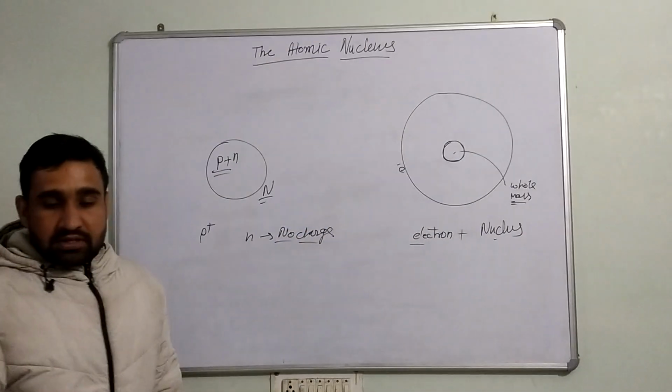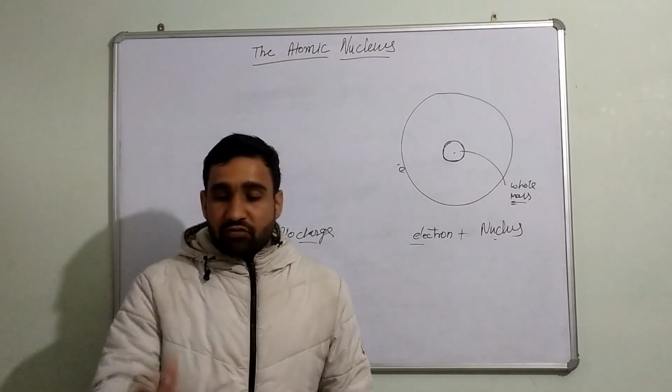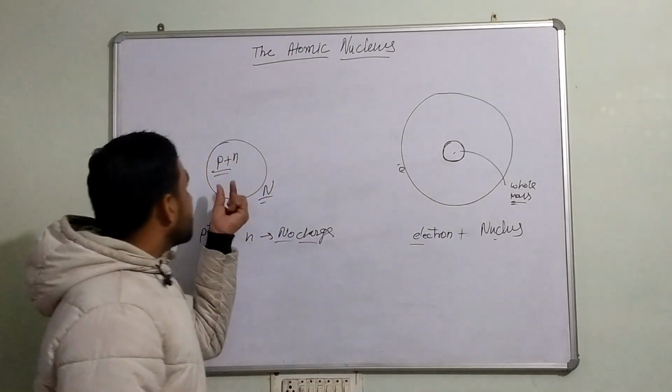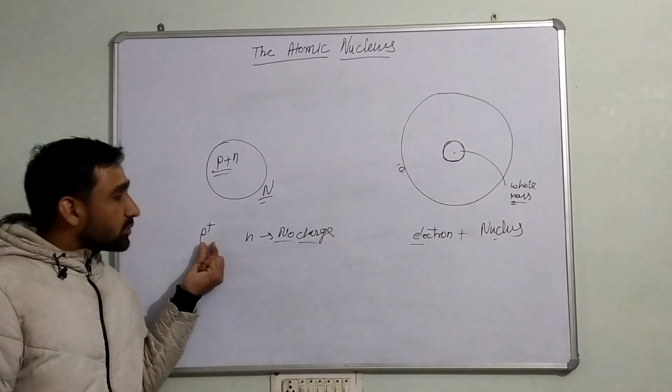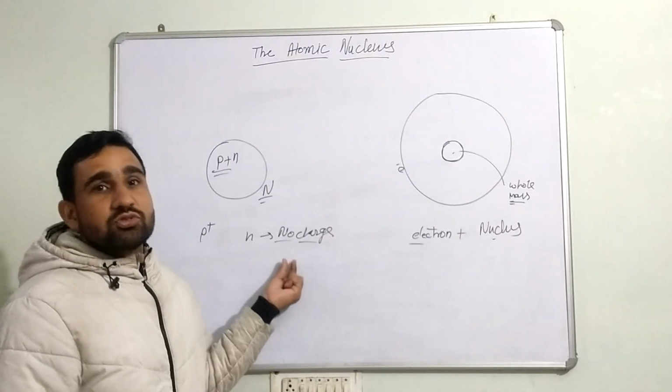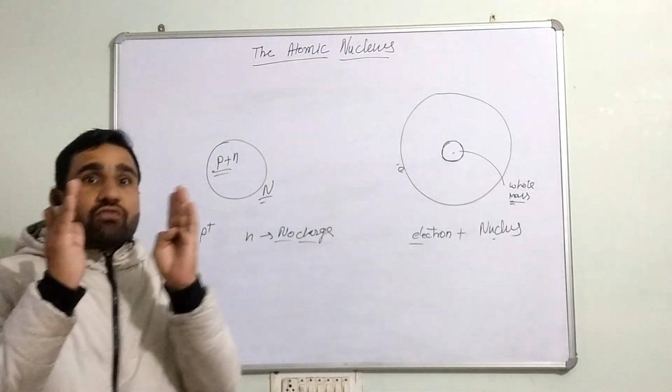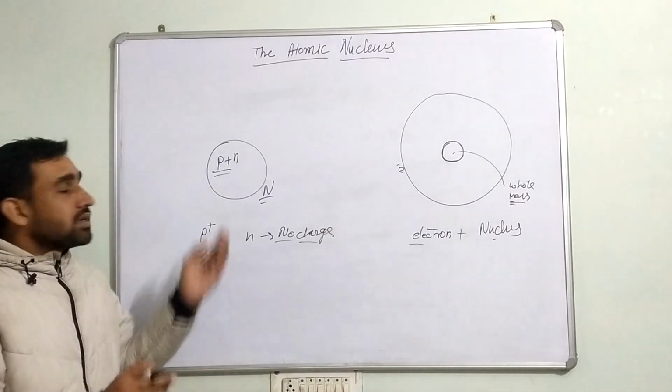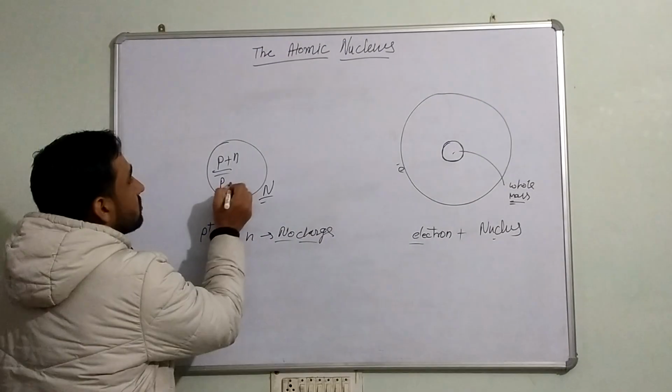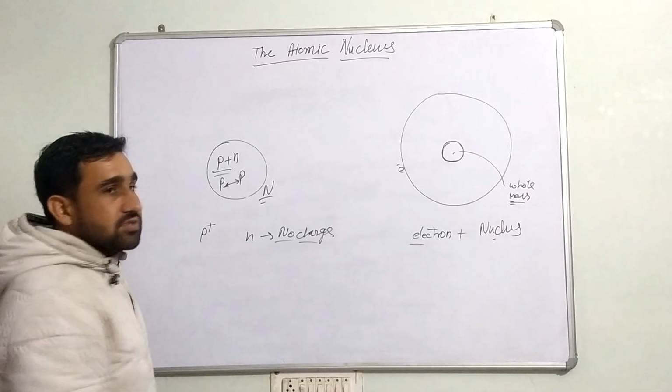So in this chapter we will discuss: if the proton has positive charge and the neutron has no charge, then which force binds them? If there are protons, there should be a repulsion between them.